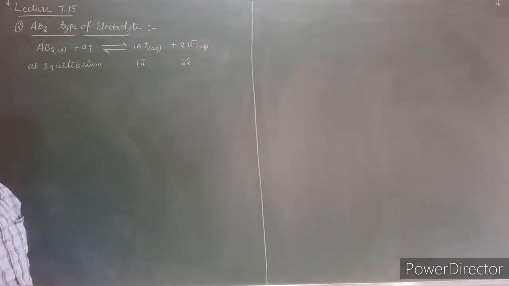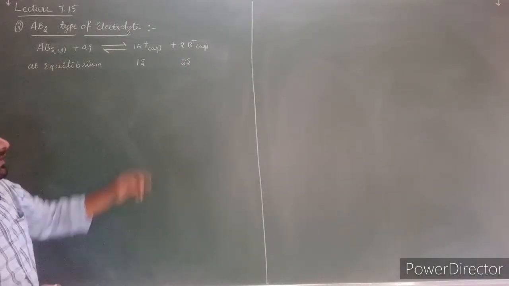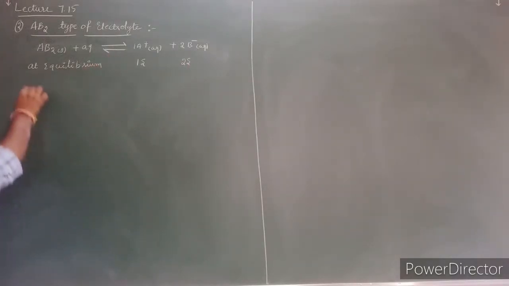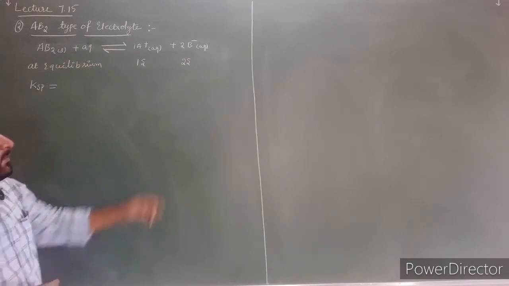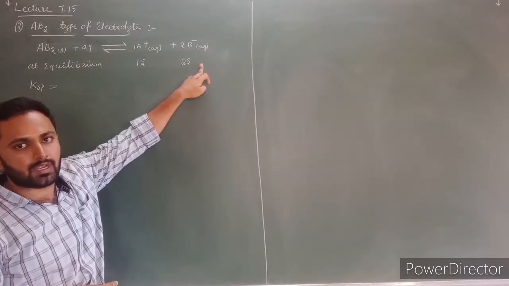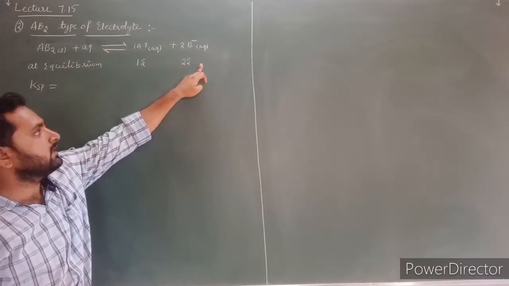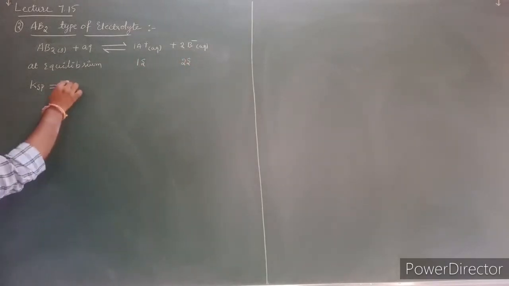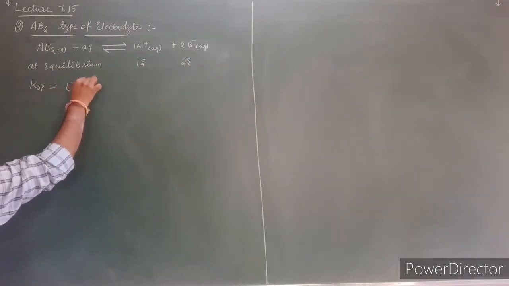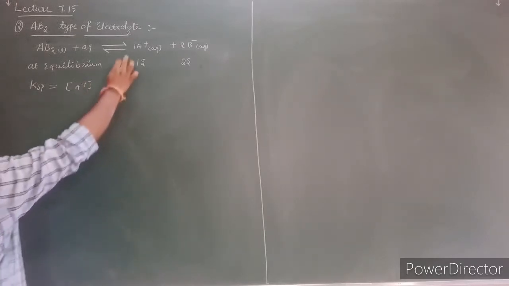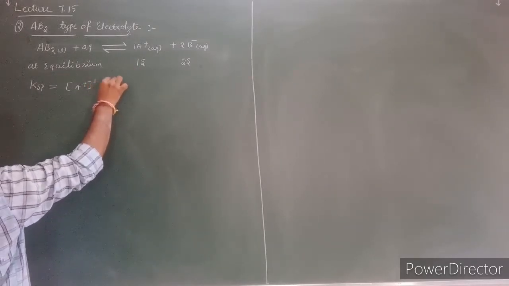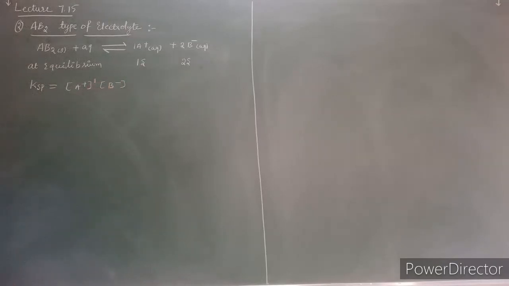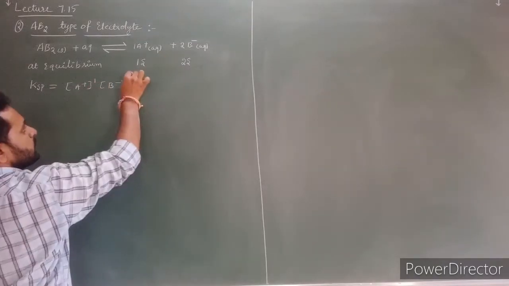Now let us write the Ksp mathematical expression for this reaction. Ksp is equal to the product of molar concentration of ions present in saturated solution. In saturated solution, the ions are A plus and B minus. So molar concentration of A plus ion, and its stoichiometric coefficient is 1, into molar concentration of B minus ion, and its stoichiometric coefficient is 2.